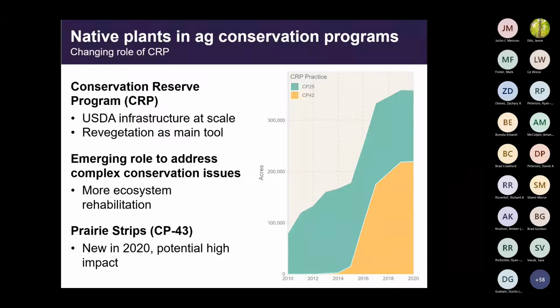Because of that flexibility, it has a lot of potential to be widely adopted, and through that, it could make a significant impact on the ecosystem services in landscapes in Iowa and the Midwest more generally.